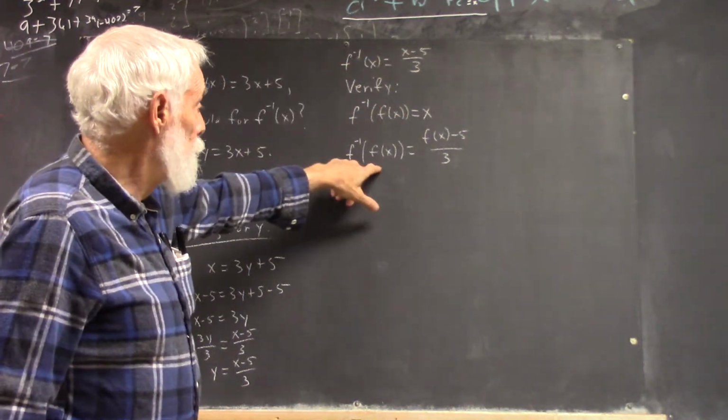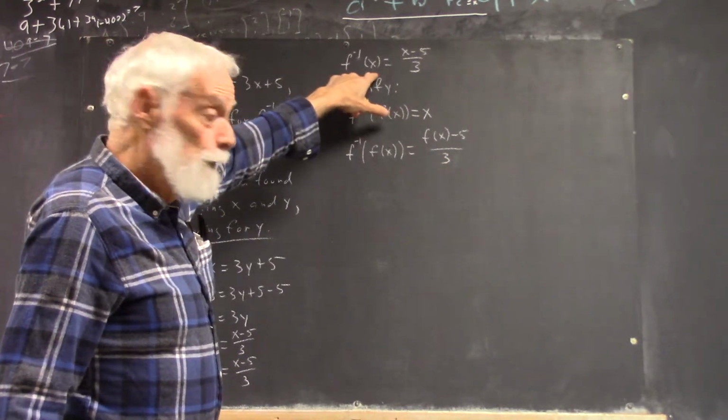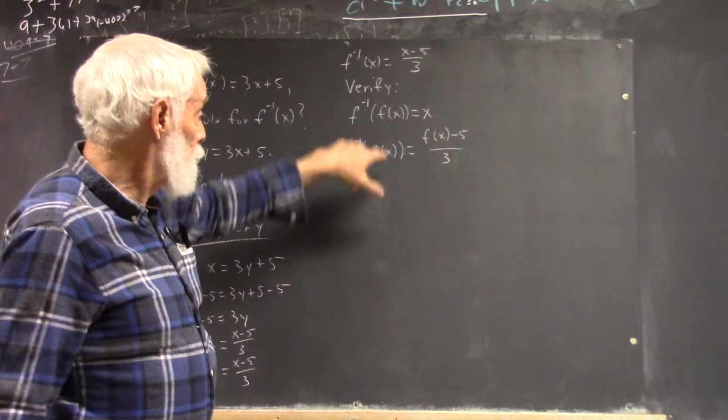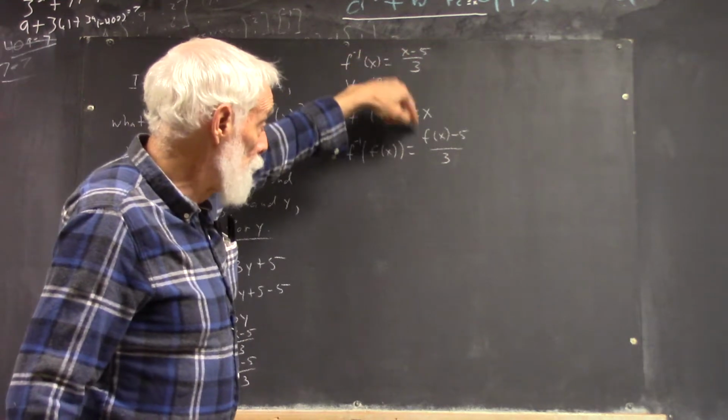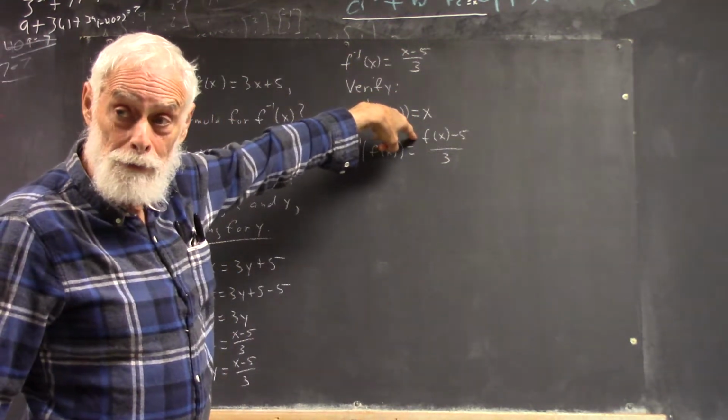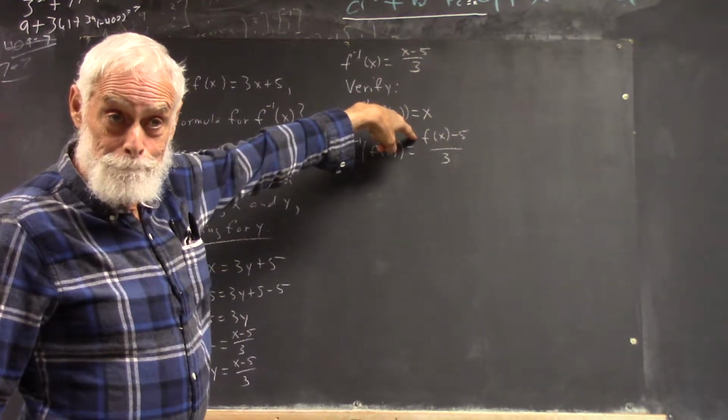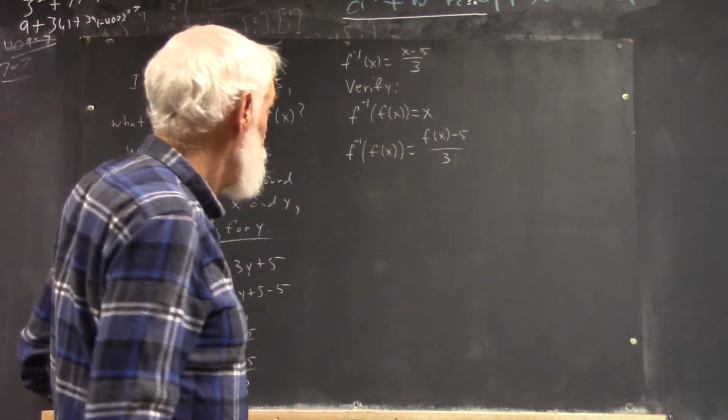F inverse of f of x is what? Well, here's f inverse of x. We've replaced x by f of x, so we've got to replace x by f of x every time it occurs. Right? Okay? Well, that's easy.